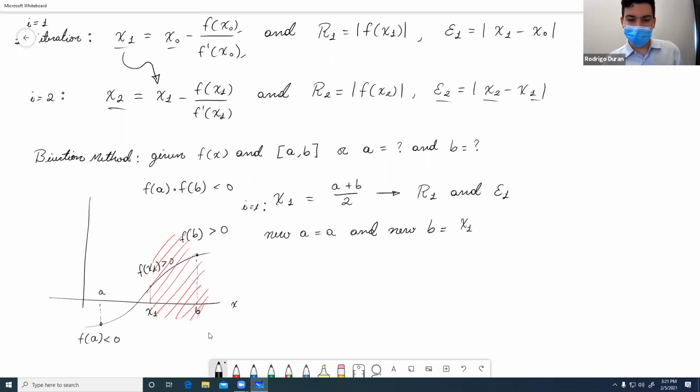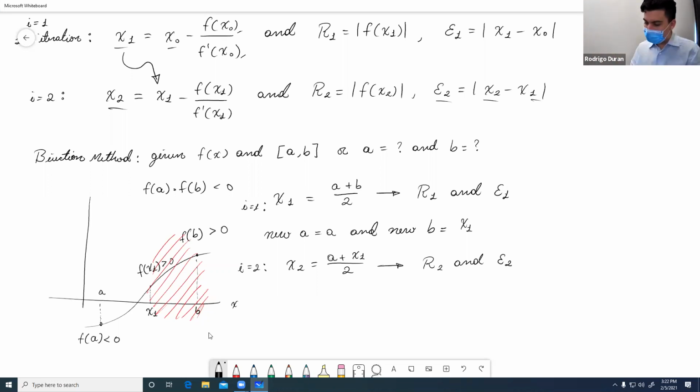And then I do the same exact process. So now we're at the second iteration. X of 2 is going to be equal to A plus, not B, x of 1, divided by 2. And again, based on that result, you can calculate the second residual and the iterative convergence at the second iteration. And you do the exact same thing.